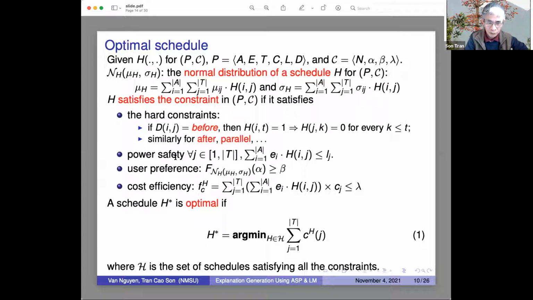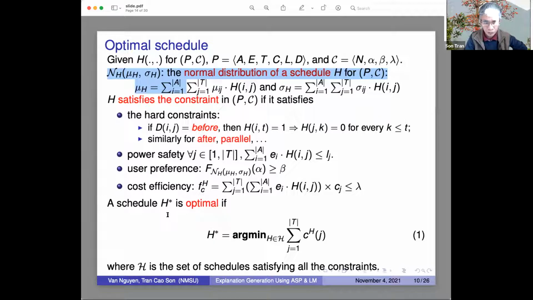And then there is the power safety constraint, so the load has to be satisfied, and for the user preferences, the value of this normal distribution has to be greater than or equal to beta here, the threshold that we want, and the cost efficiency.